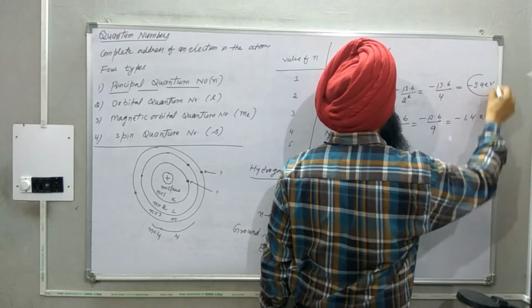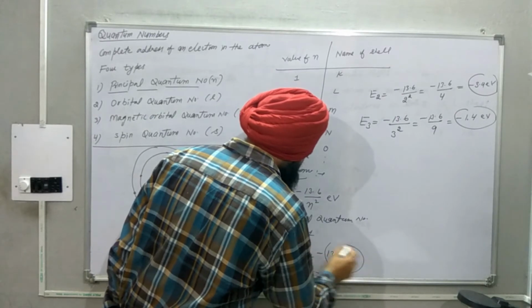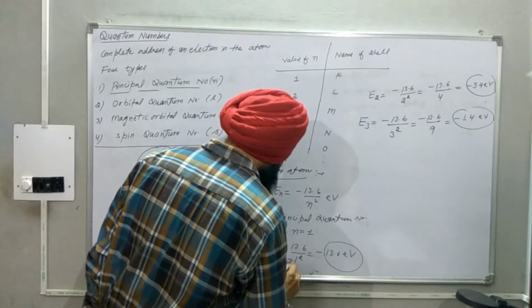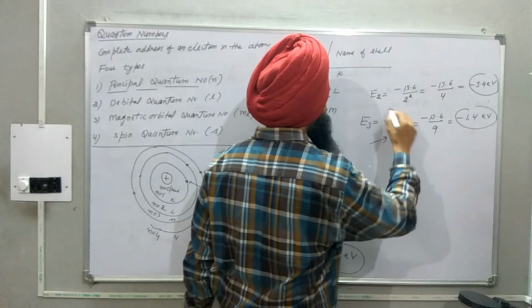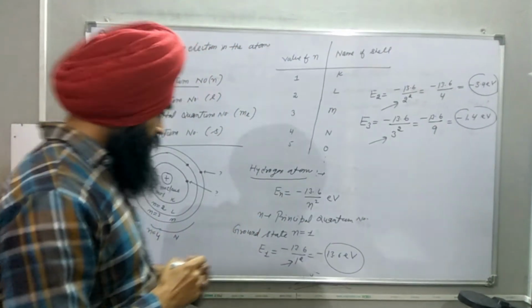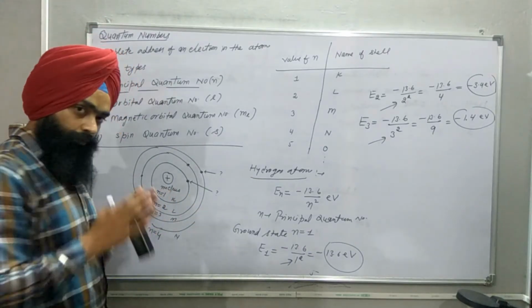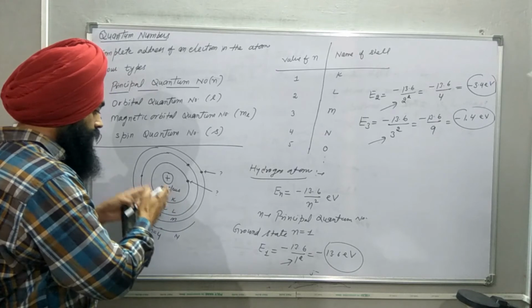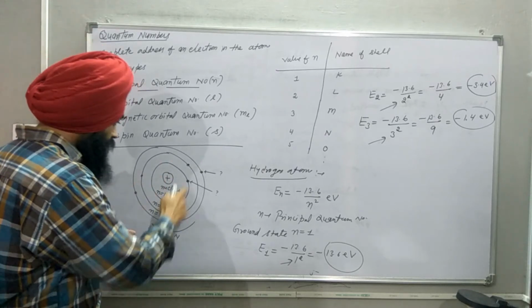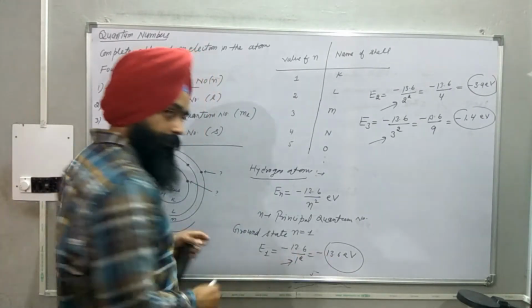So these values come out from the value of n. If we put the value of n, we get different energies for different shells. So again, this is K shell. In case of hydrogen atom, if the electron is in the ground state, the energy level of this shell is equal to minus 13.6 electron volt.